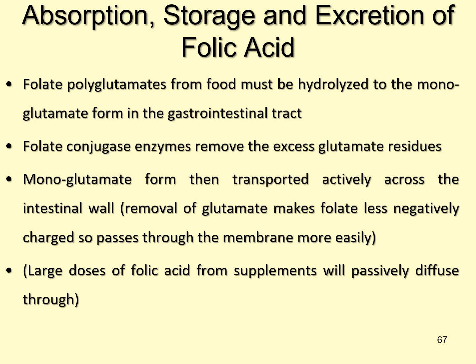Removal of glutamate makes folate less negatively charged, so it passes through the membrane more easily, and large doses of folic acid from supplements will passively diffuse through. So folic acid or folate can easily cross the intestinal wall and the cell membrane as well.